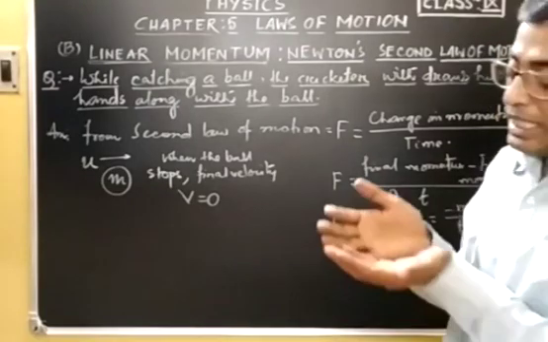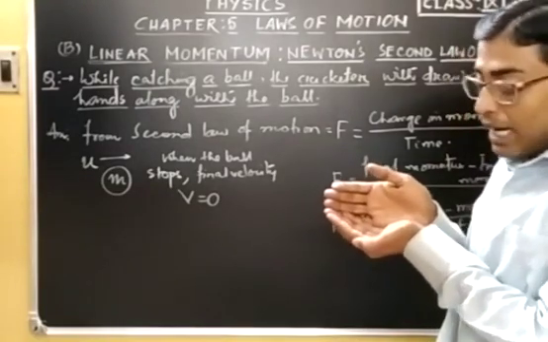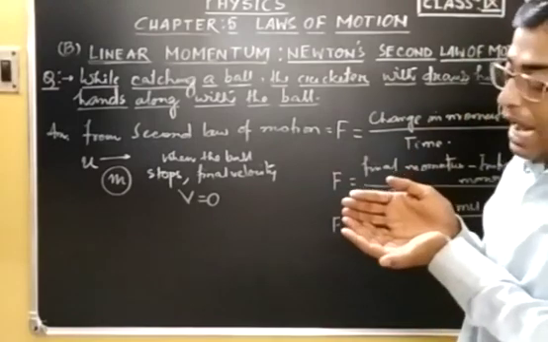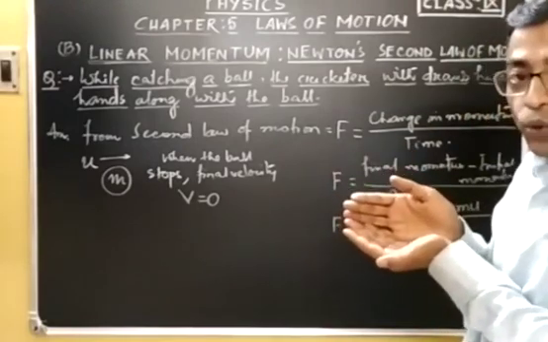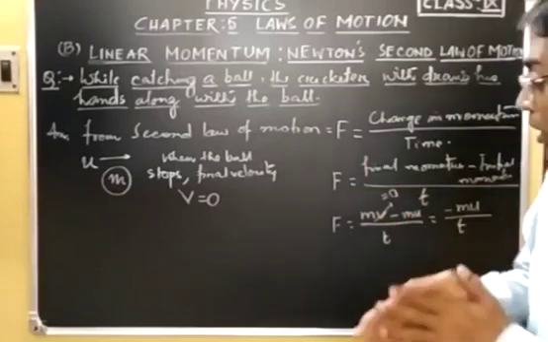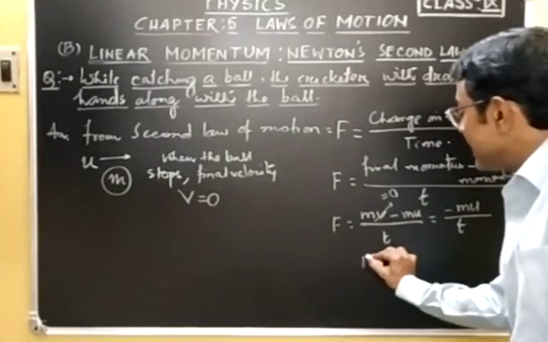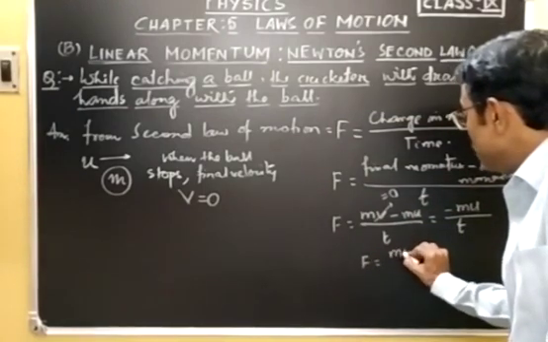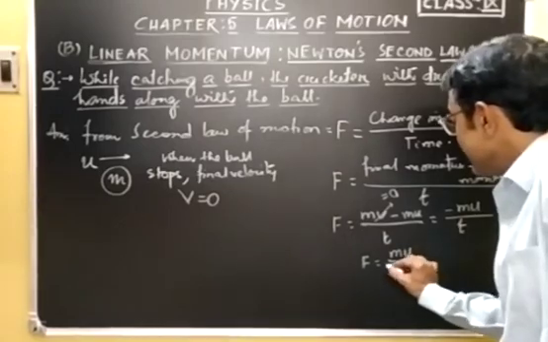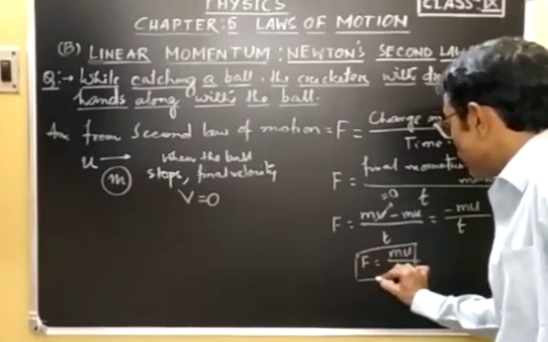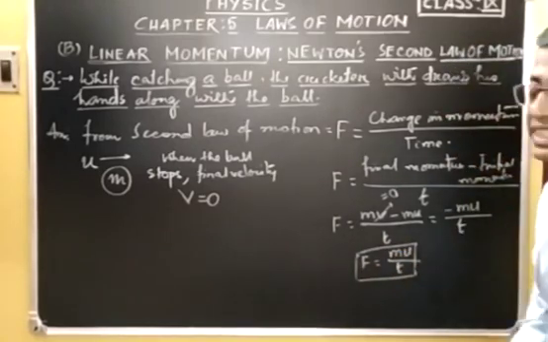When the ball hits the hand, the fielder applies an equal force opposite to the direction of the ball. That opposite direction is signified by the minus sign, but force cannot be negative, so I am taking mu divided by t. This is my expression for the force when the ball stops in his hand.